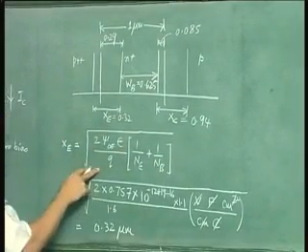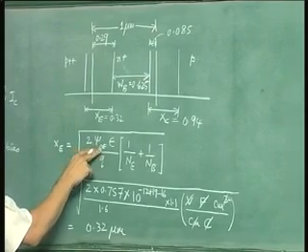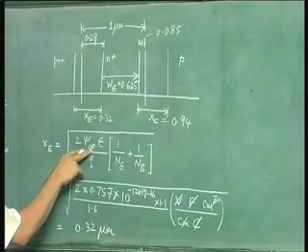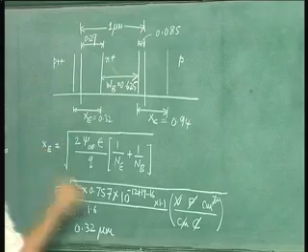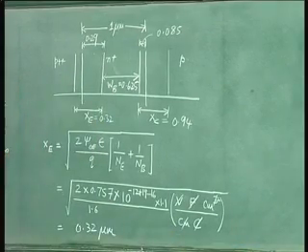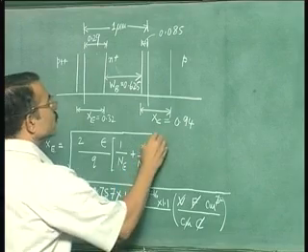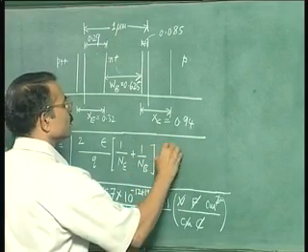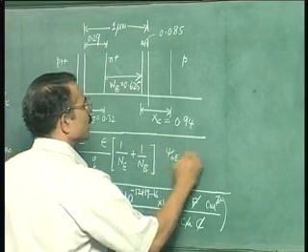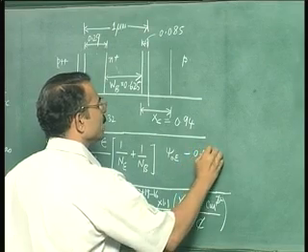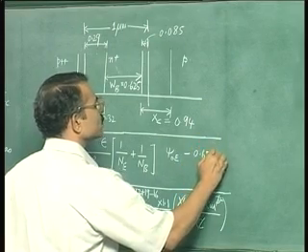In this formula, we replace psi naught E by psi naught E minus the forward bias. So this formula will get modified to psi naught E minus forward bias of 0.65 volts.